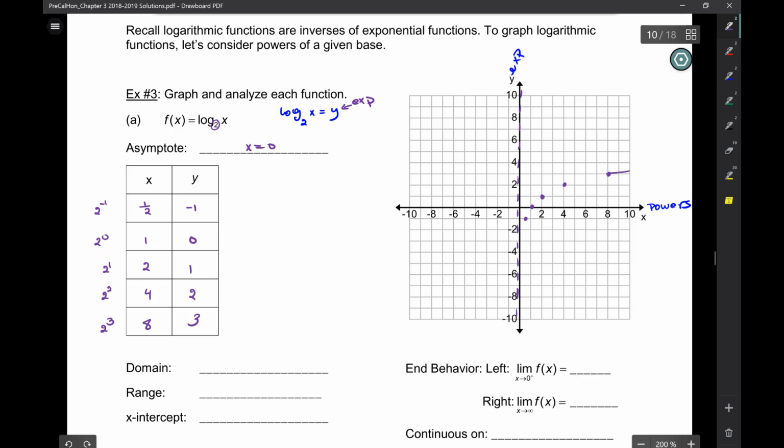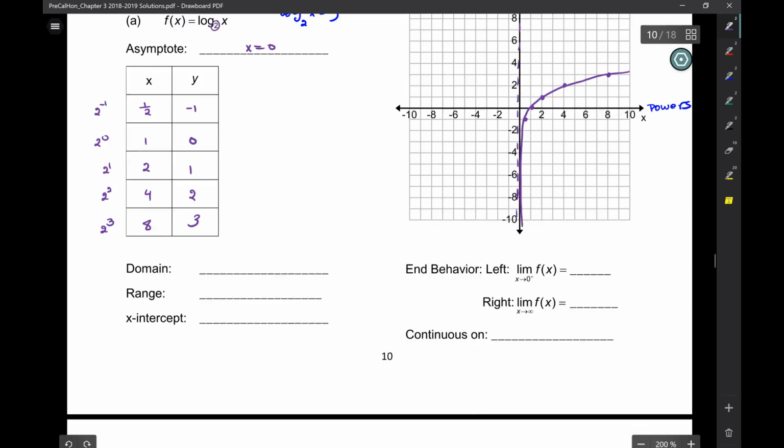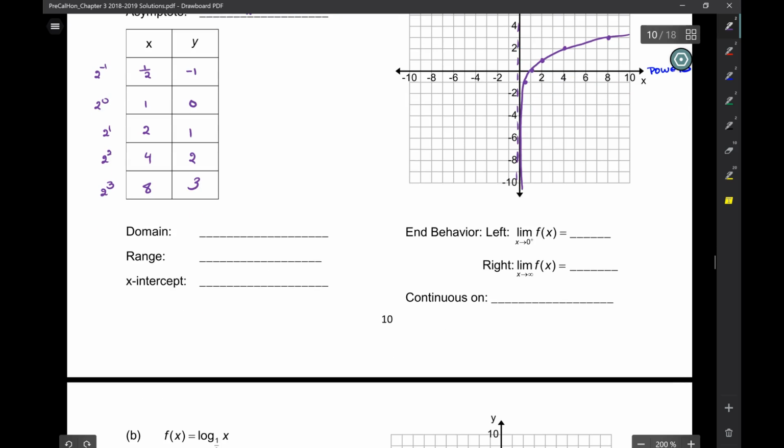And it's going to go this way. Okay? That's the only difference here. Domain, 0 to infinity. Range is all reals this time. Weird. Okay? X-intercept, 1, 0. No y-intercept.